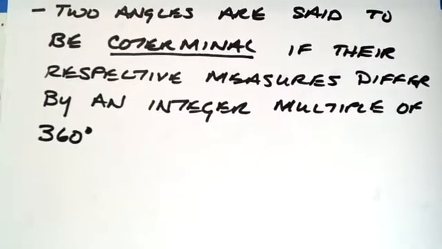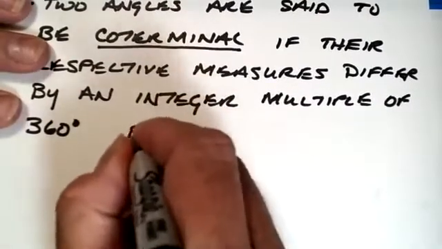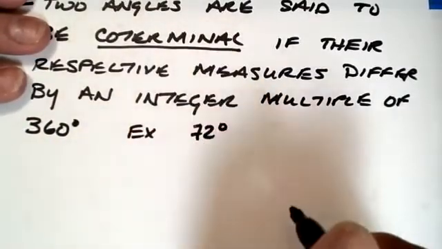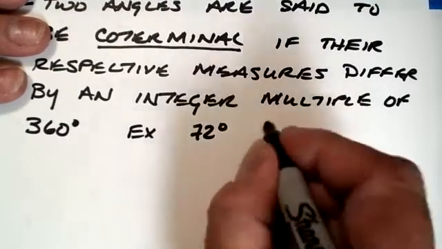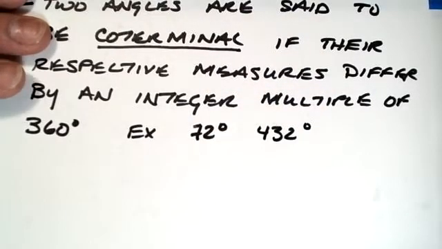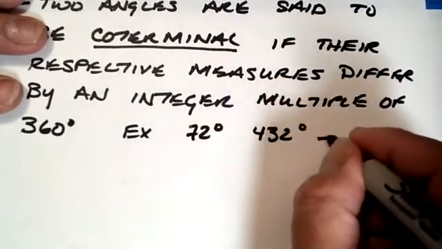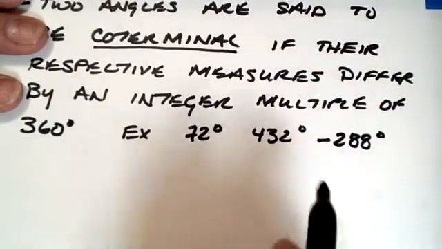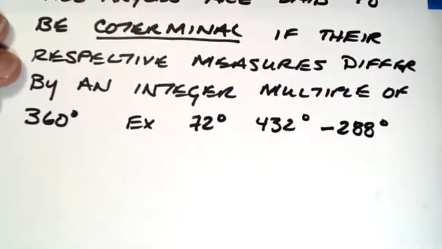Here's an example of some coterminal angles. An angle that measures 72 degrees is coterminal to one that has a measure of 432 degrees. It also happens to be coterminal to one that has a measure of minus 288 degrees.